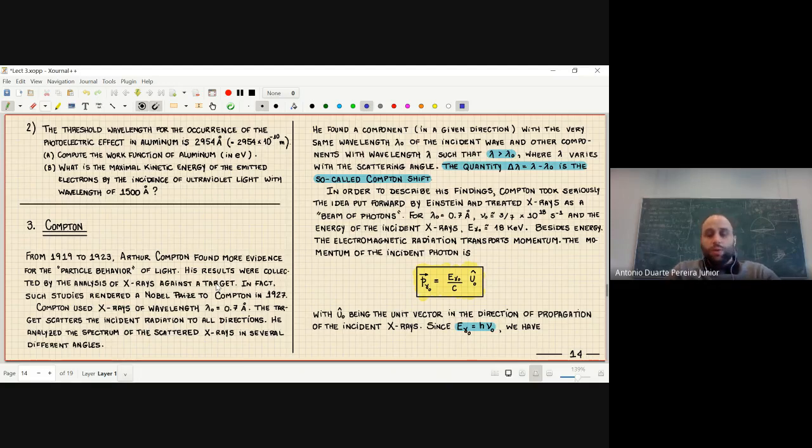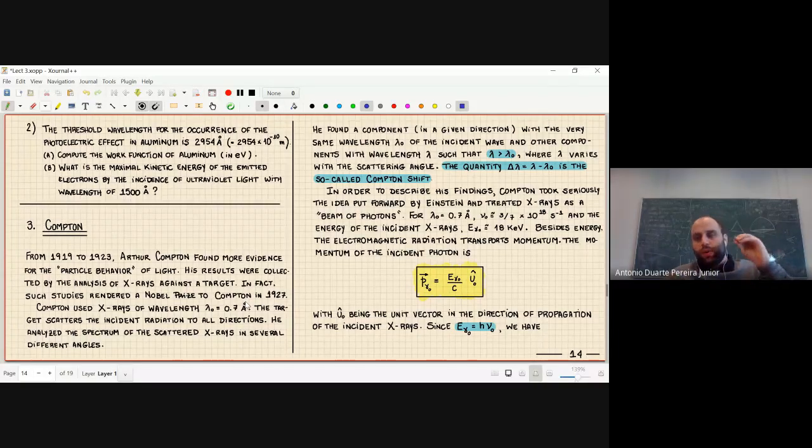So he used X-rays which have a wavelength of 0.7 angstrom. Just to remind you, what angstrom means is 10 to the minus 10. So the wavelength of the X-rays is 0.7 times 10 to the minus 10 meters.